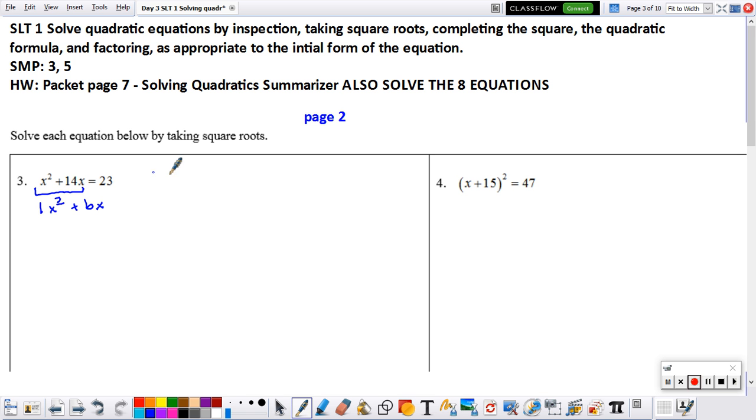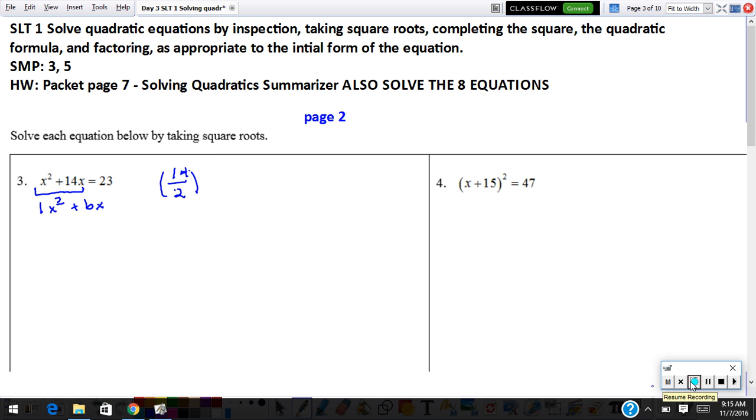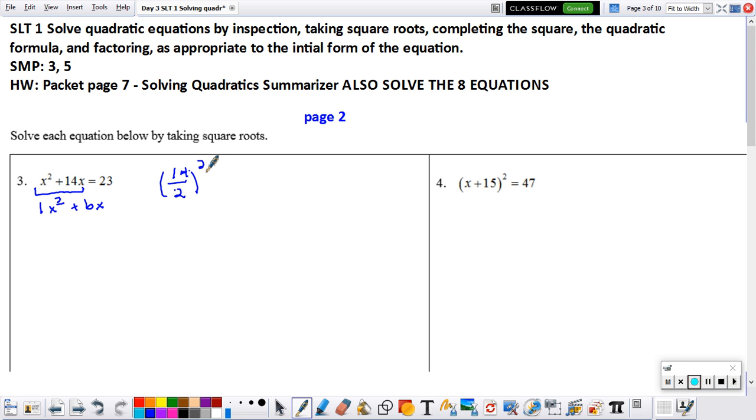So now we're going to take our b value, 14, and go 14 divided by 2, squared, which would be 7 squared, which is just 49. So now we're going to add 49 to both sides. And that gives us x squared plus 14x plus 49 equals 72.